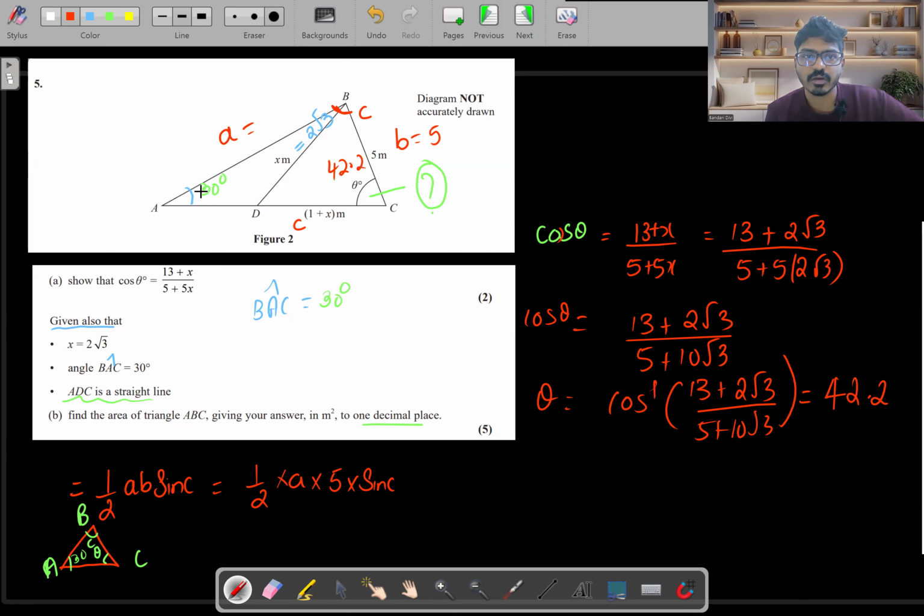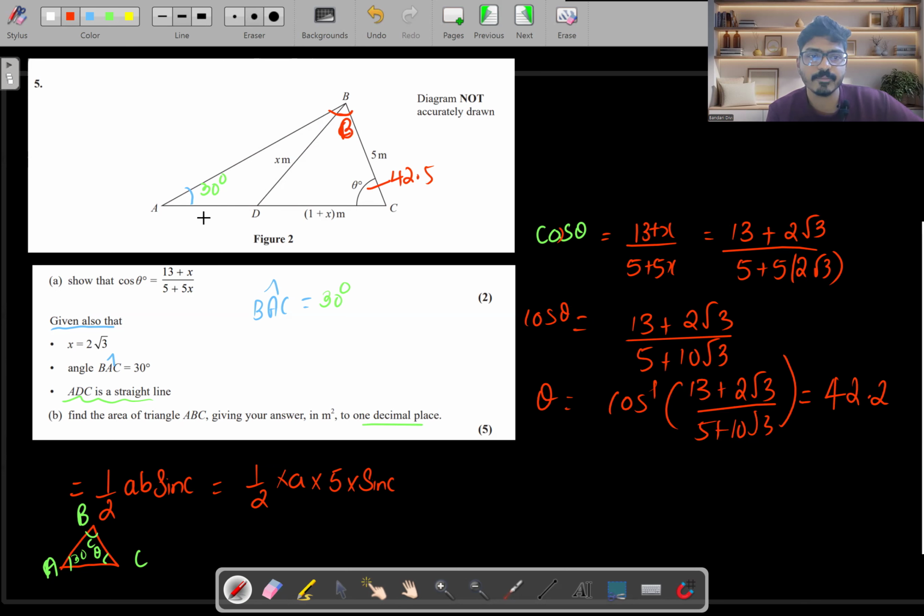And then we got two angles, and the sum of the angles in a triangle is 180 degrees. So now I hope you can just have a look. We have figured out the value of this theta is going to be 42.5. So what will be the angle B here?